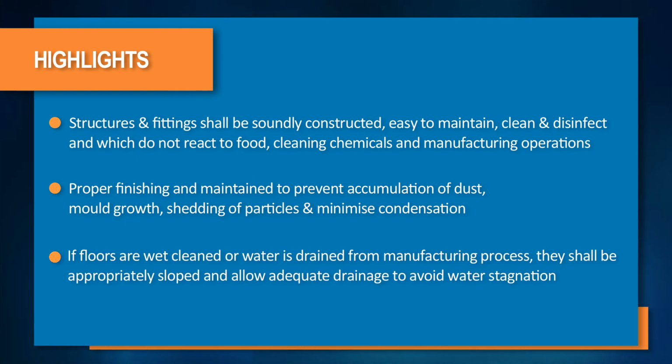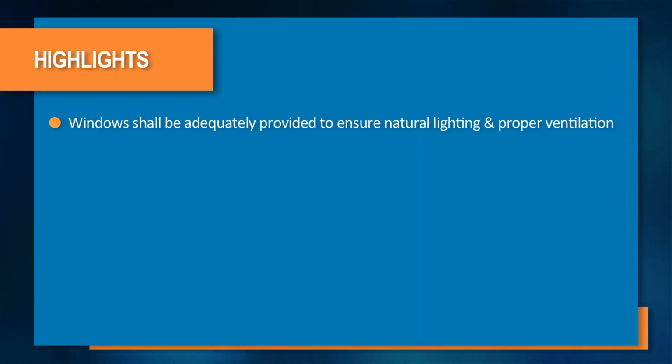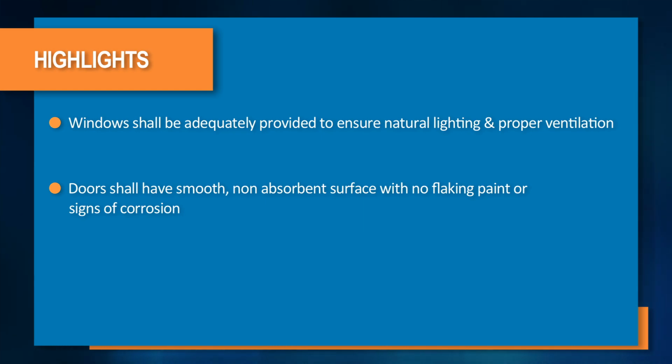If the floors are wet cleaned or water is drained from manufacturing process, they shall be appropriately sloped and allow adequate drainage to avoid water stagnation. Windows shall be adequately provided to ensure natural lighting and proper ventilation. Doors shall have smooth, non-absorbent surface with no flaking paint or signs of corrosion.